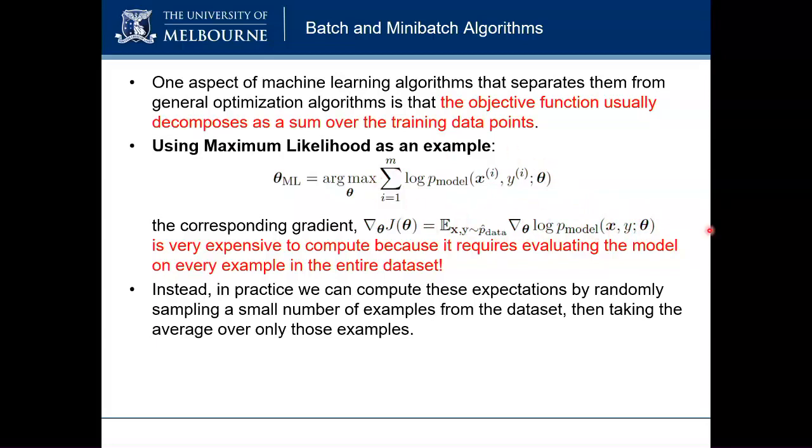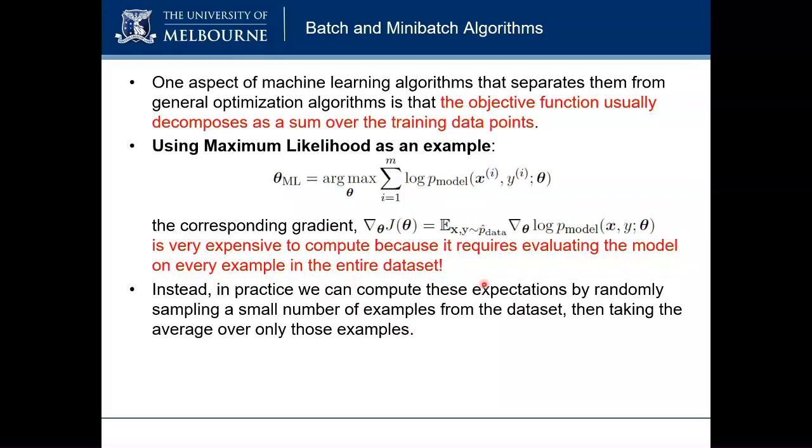The problem is, if you use the entire data set to estimate this gradient, you're in a bit of trouble. The data set can be pretty large. Big data was the buzzword at some point, right? So you may have a substantial data set, it can be very expensive to compute because it requires evaluating the model on every example in the entire data set.